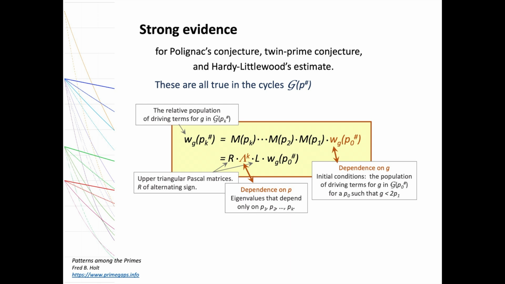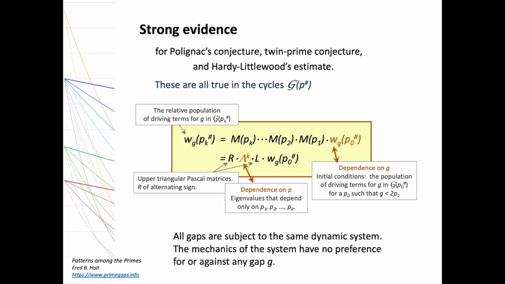These are all true in the cycle of gaps. The only dependence on the gap itself is in the initial conditions. The dynamics only depend on the prime and not on the gap. All of the gaps are subject to the same dynamic system. We don't see any preference for or against any particular gap.